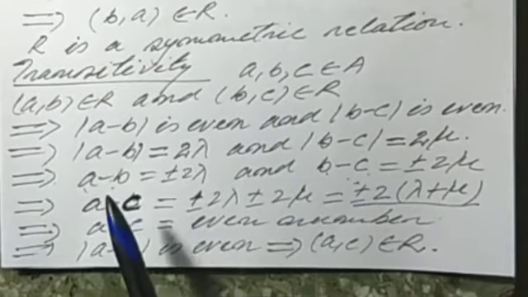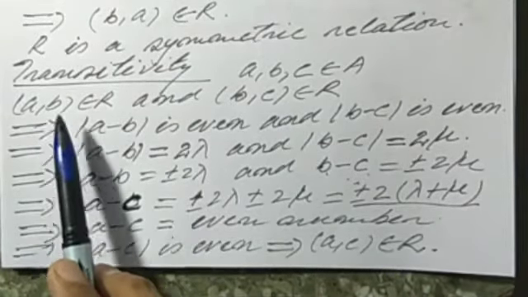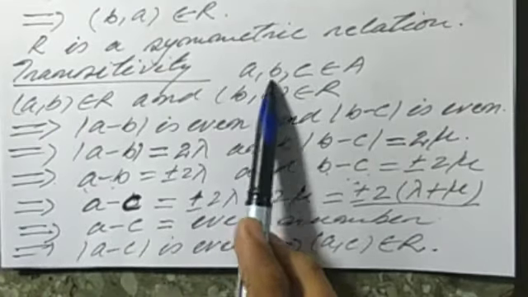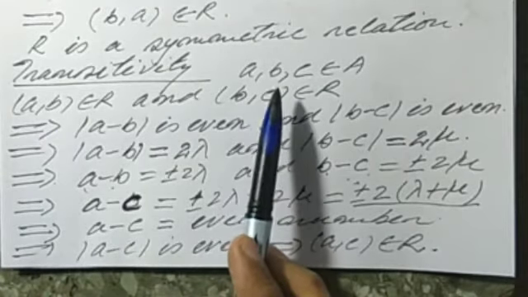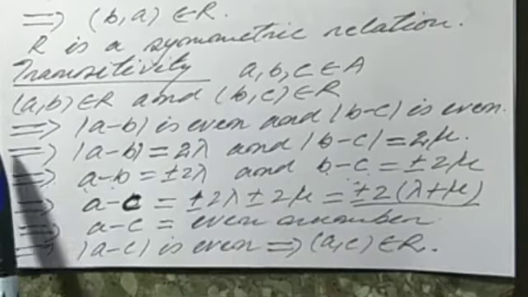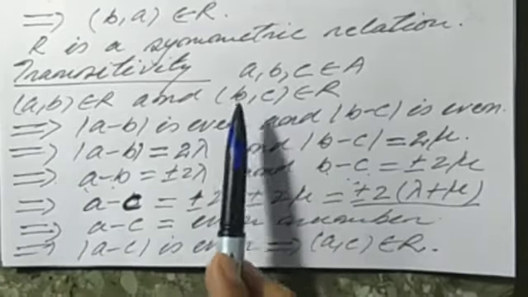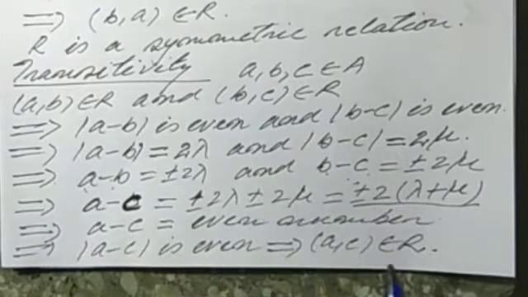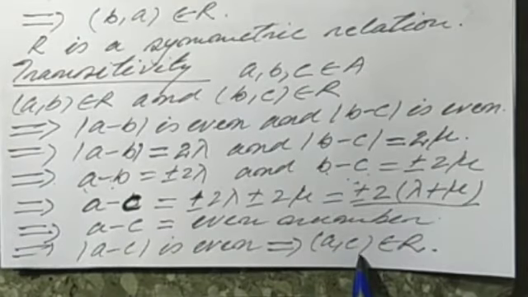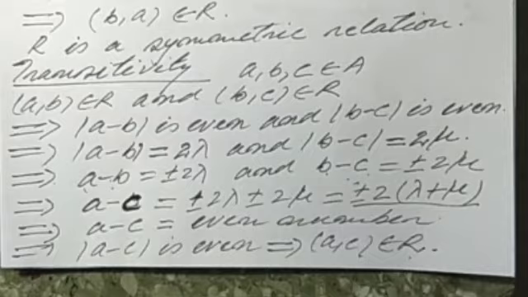So we have shown that for any 3 elements a, b, c out of the given elements 1, 2, 3, 4, 5, if (a, b) belongs to R and (b, c) belongs to R, then (a, c) must also belong to R. So in this way this relation is transitive as well.